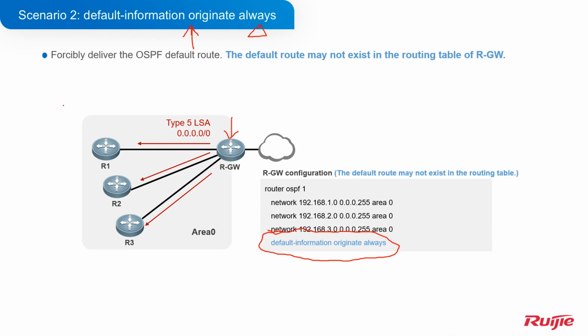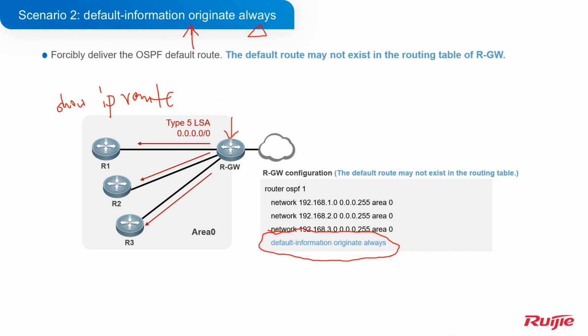Okay, and then we can use show ip route on the R1, R2, R3 devices and see the default routing entries. But this command sometimes will cause problems for our network.